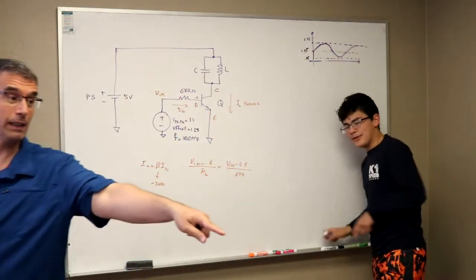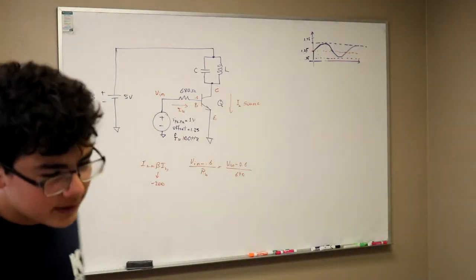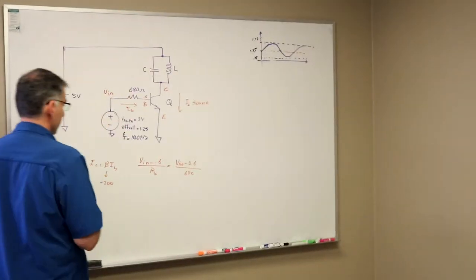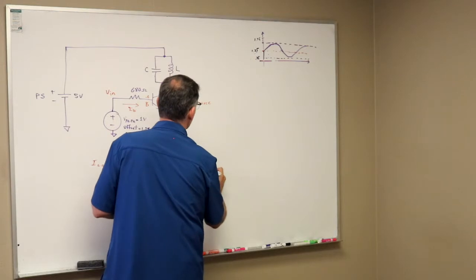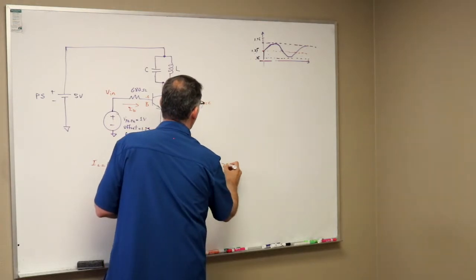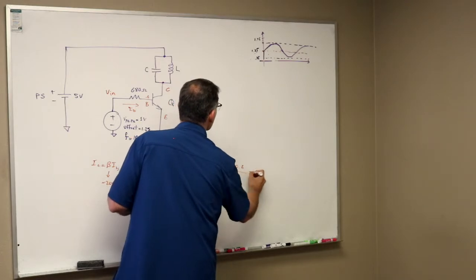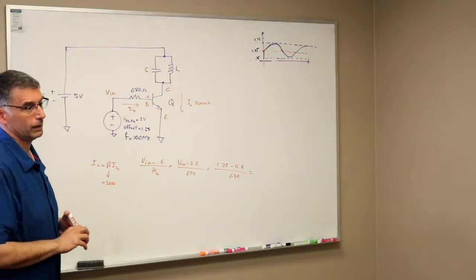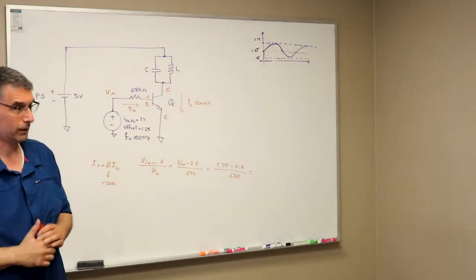And that's what you see on the scope, right? So then the maximum voltage that you would see is 1.75, right? So this maximum Vin is 1.75 minus 0.6 over 680. That gives me the amount of current that is going in, and that determines how much current I'm pushing through here.